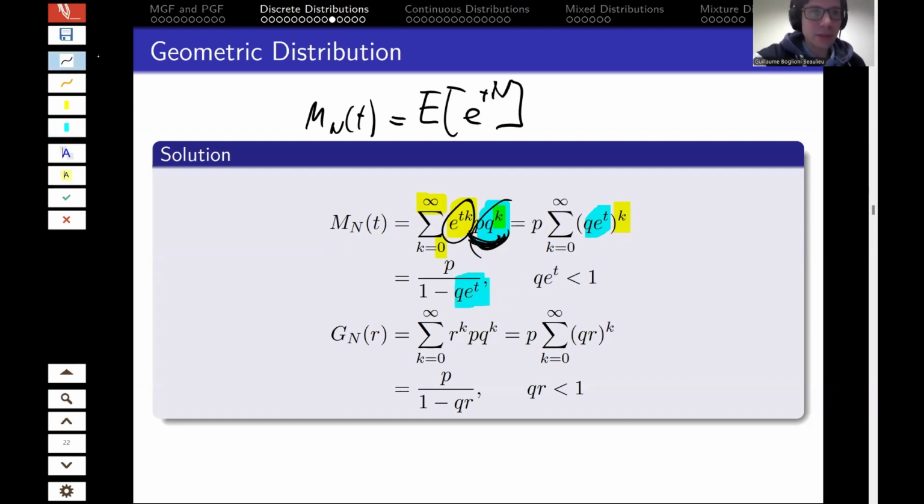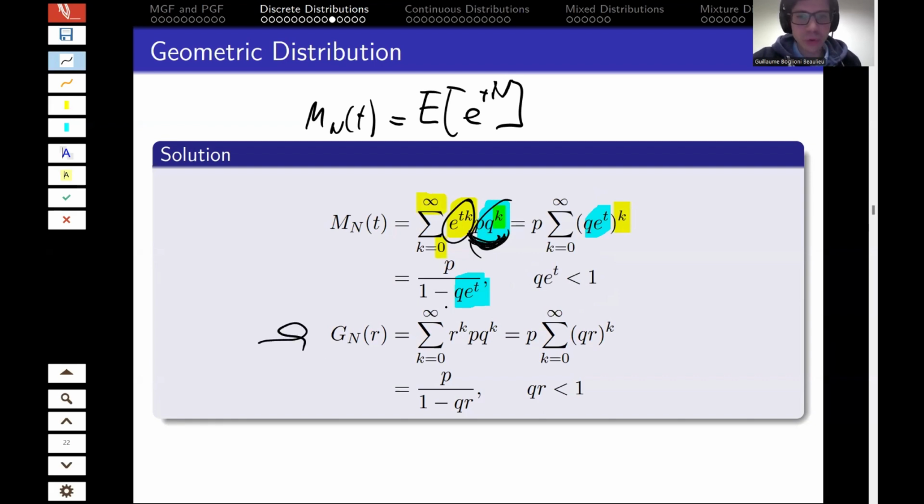Obviously, this condition is very important. You do need this thing to be smaller than 1. Otherwise, this sum doesn't converge, in which case the MGF doesn't exist. So this is an example of the MGF existing, but only for a certain subset of values of t. Okay, that's simple enough, I hope.